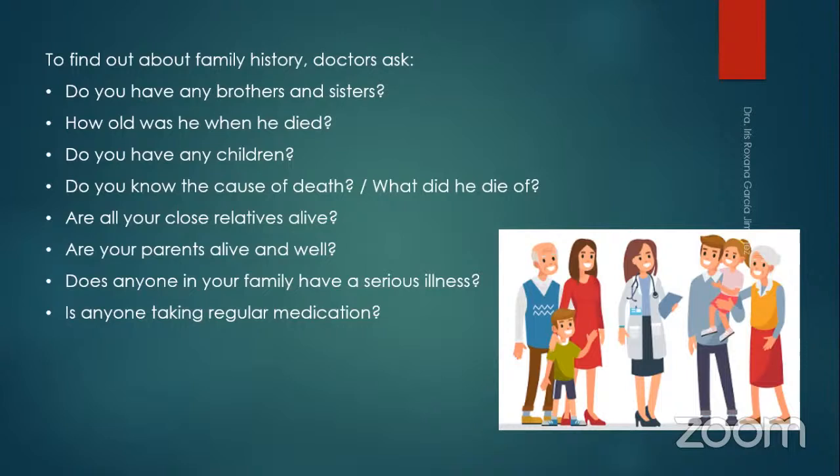Are all your close relatives alive? Are your parents alive and well? Does anyone in your family have a serious illness? Is anyone taking regular medication? So in that way, making these questions, we get almost all the information. And according to the answer, of course, we make more questions.